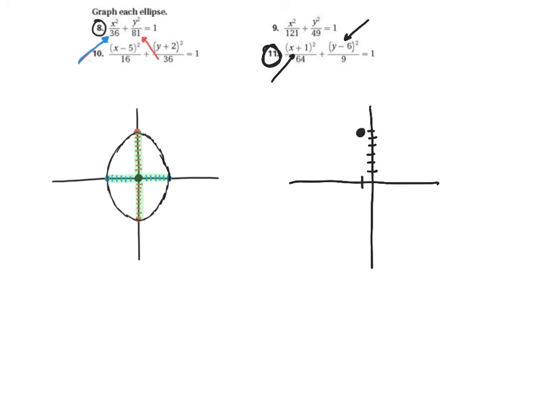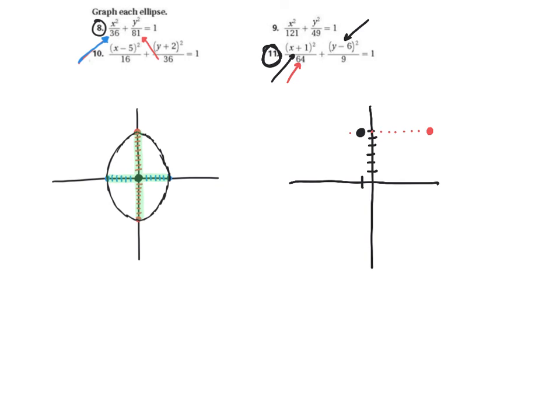Now, are we going to stretch more on the x or the y? X, because 64 is bigger than 9. The square root of 64 is 8. We're stretching on the x: 1, 2, 3, 4, 5, 6, 7, 8. Point.